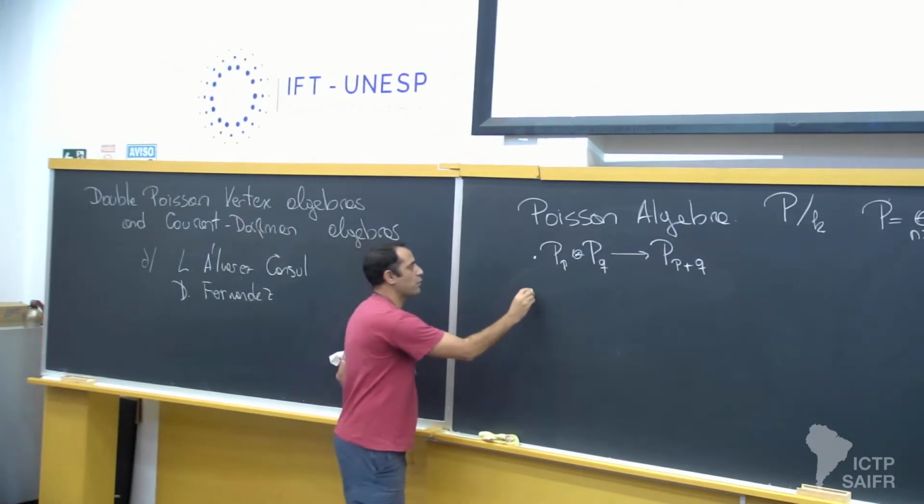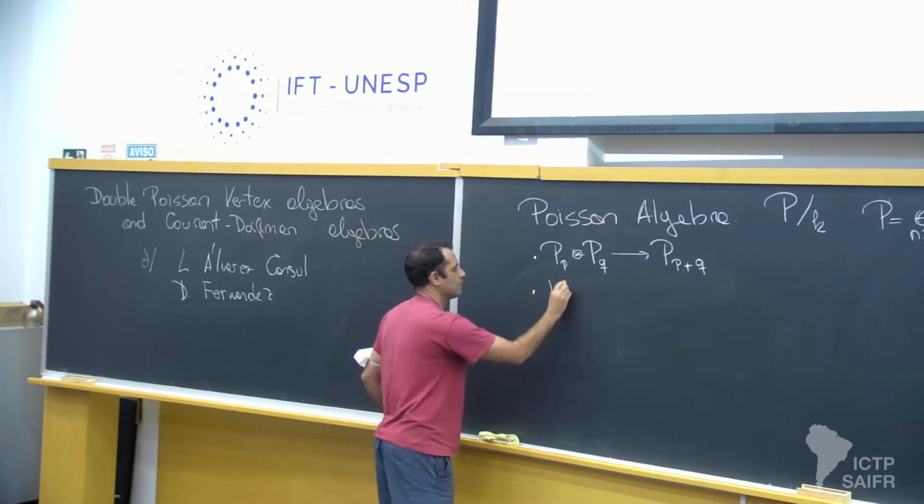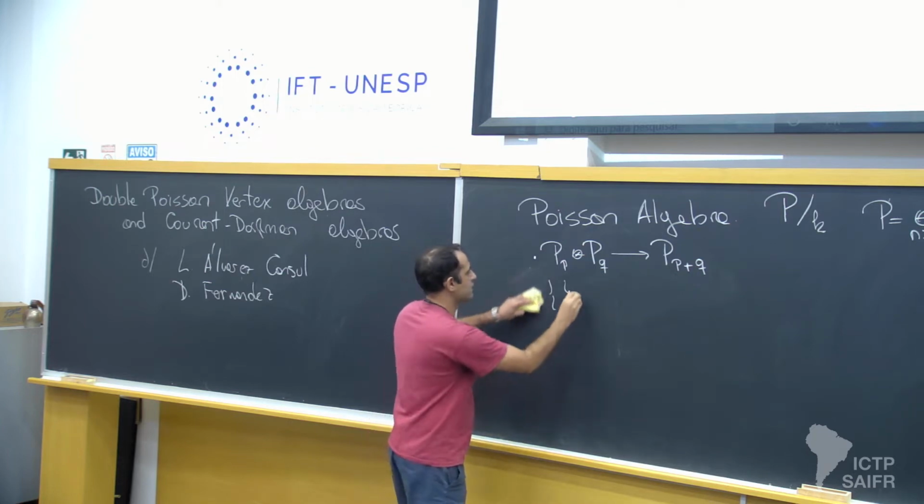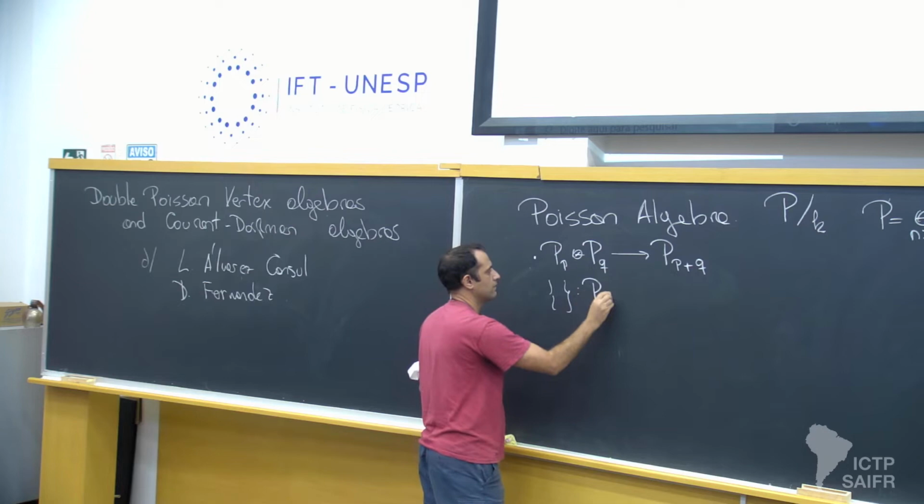But let's suppose that the Poisson bracket is graded of degree -1.